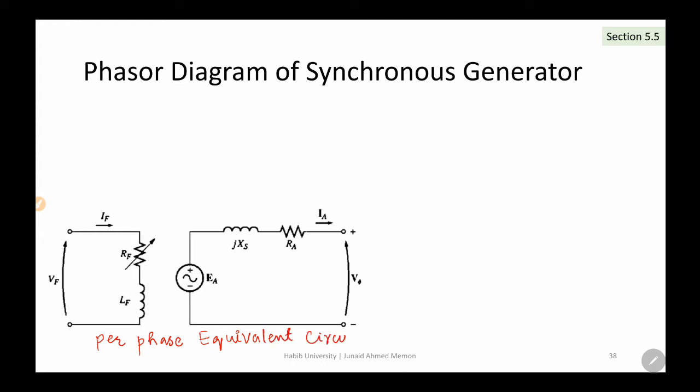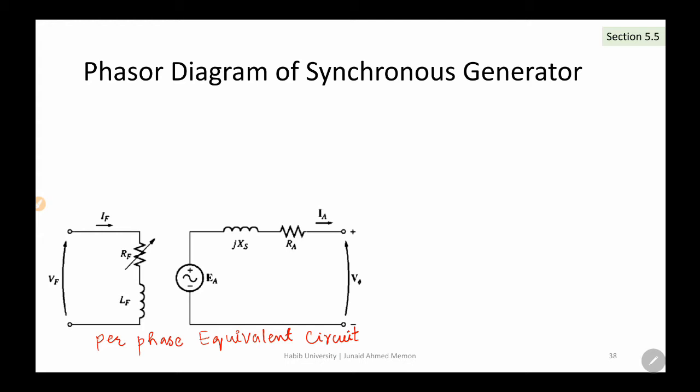Throughout this discussion, our primary assumption is that all three phases are connected to the same load, which we call the balanced load. We will not be discussing the cases where all three loads are different, which is called the unbalanced load, which is beyond the scope of this course.